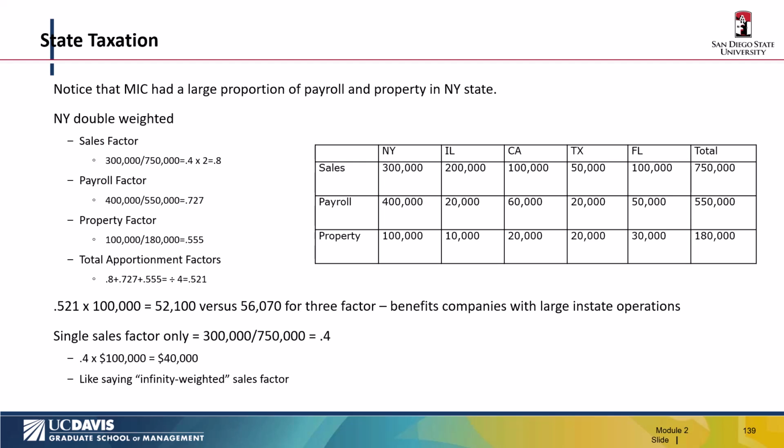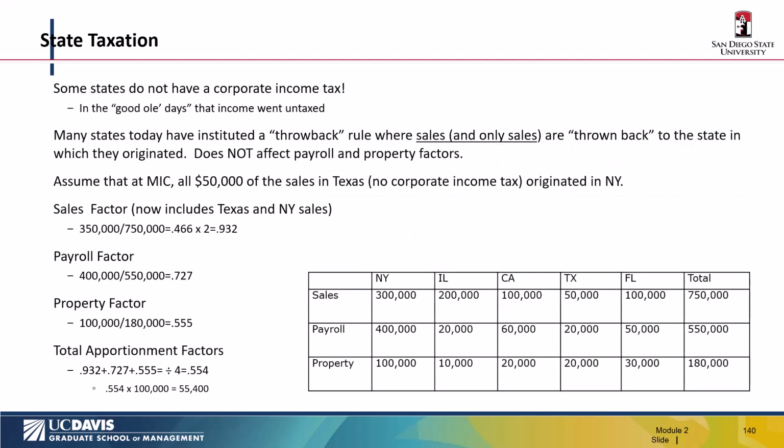So to give them the complete benefit, you would say, well, I'm infinitely going to weight the sales factor. And that means it's just a single sales factor. So at the single sales factor, it's just 0.4, right? That's the 300 over the 750. And so that's the amount that would be taxed in the state of New York. And so you can see that gives a benefit to a company with a large in-state operation.